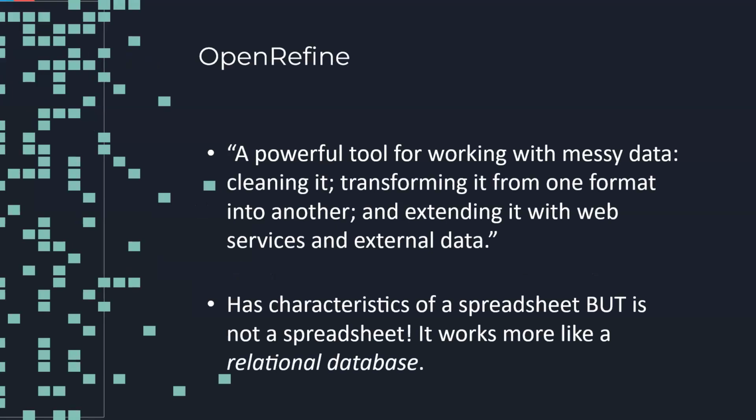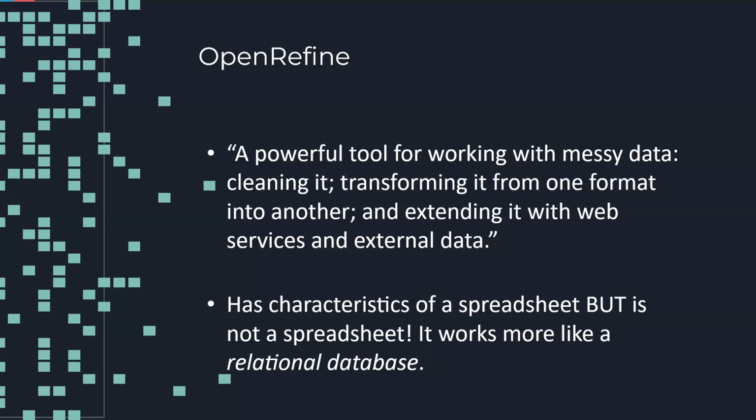Now, there are a lot of software packages out there that you can pay for and use in order to clean data before you analyze it. But OpenRefine is free. It's a powerful tool for working with messy data, cleaning it, transforming it from one format into another, and extending it with web services and external data.